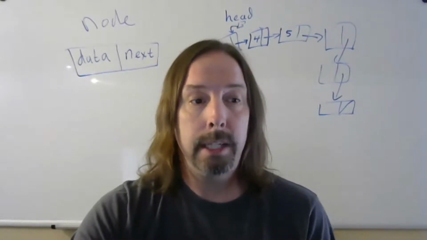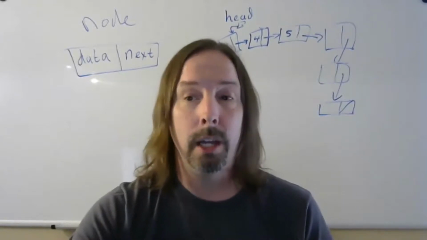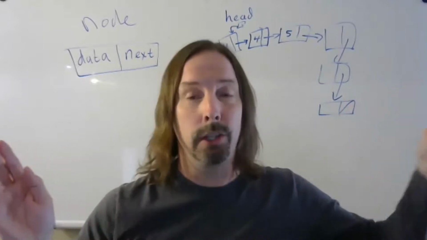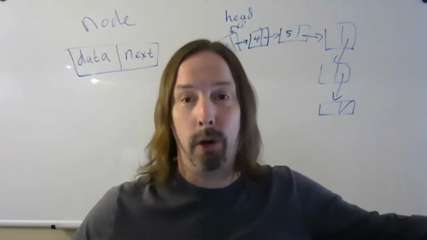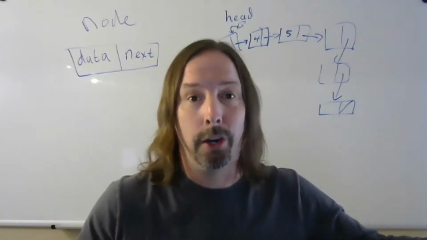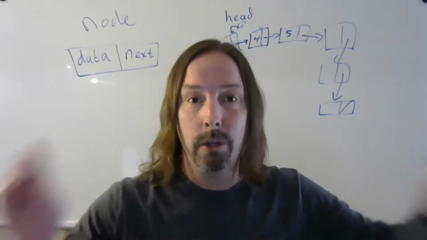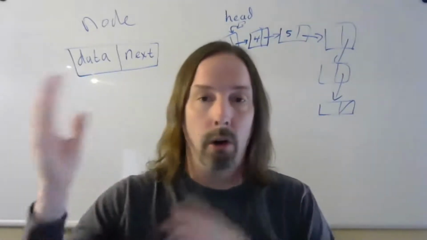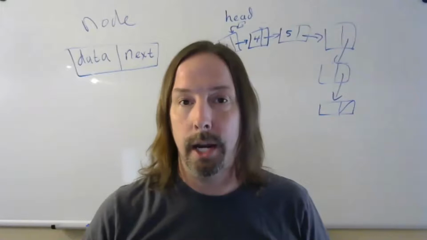So that's the insert at head. And as long as I do that, I could just pile nodes into this linked list as long as I have RAM. These lists can get massive, but then so can array lists. All you got to do is declare an array that's massive in size. But the difference here is these nodes will be all over the place potentially in RAM.